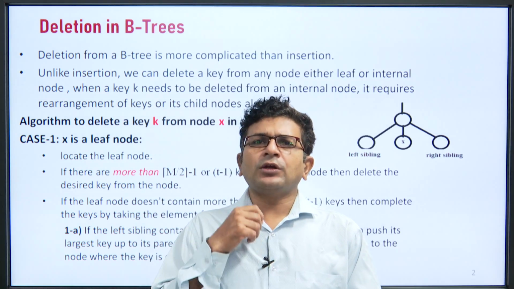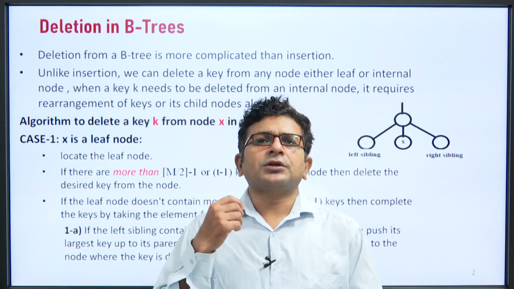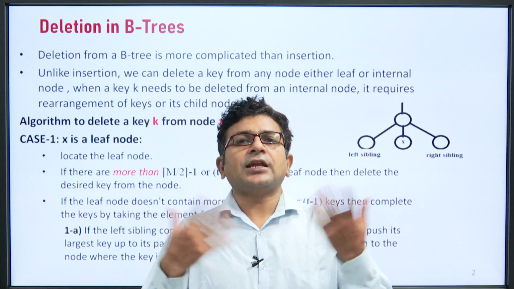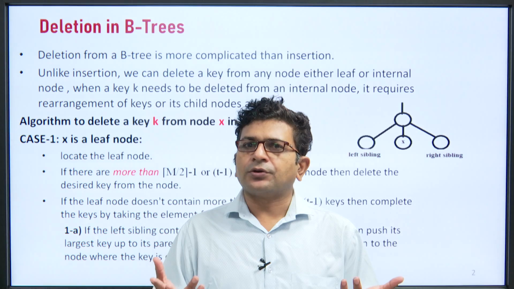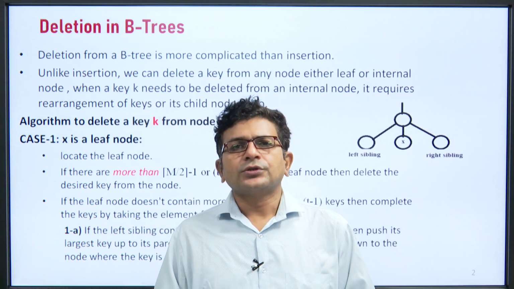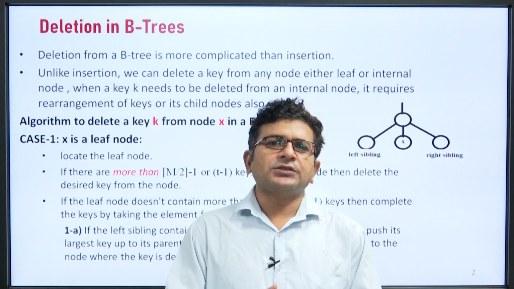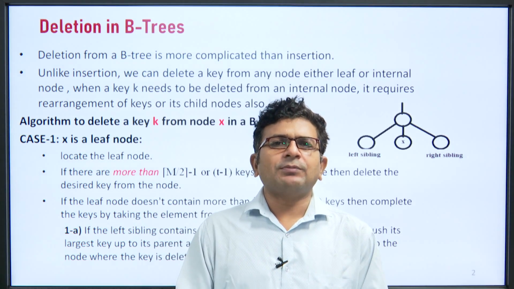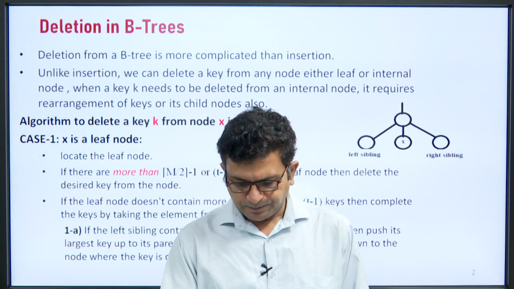So, if we delete a key from an internal node, we need rearrangement of the keys in internal nodes and also rearrangement of the child nodes. How we perform these operations will be discussed one by one in this lecture.